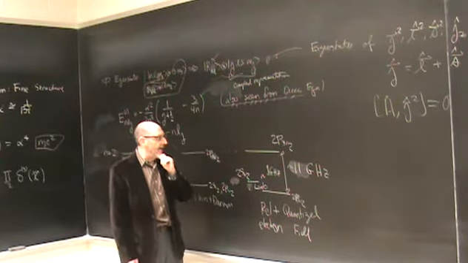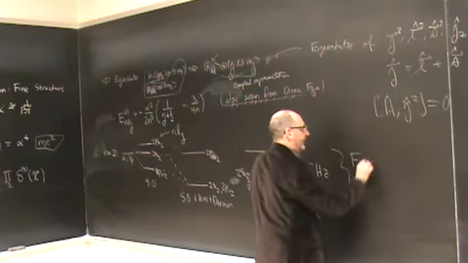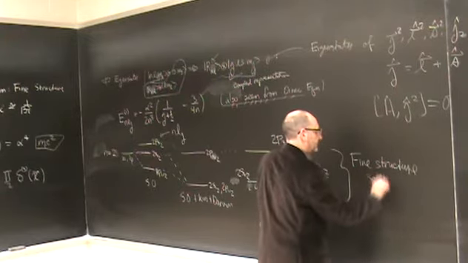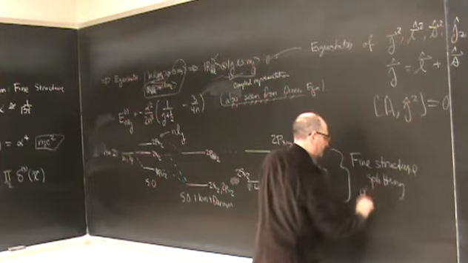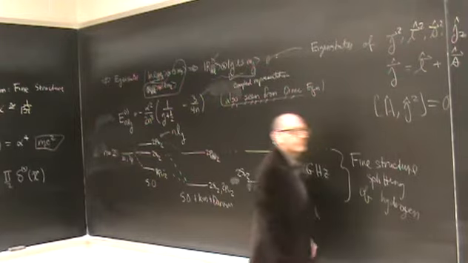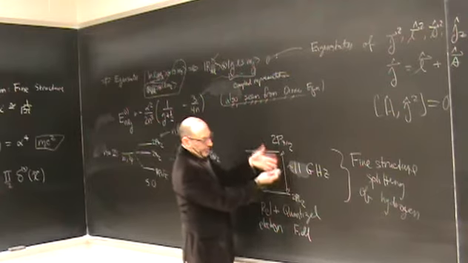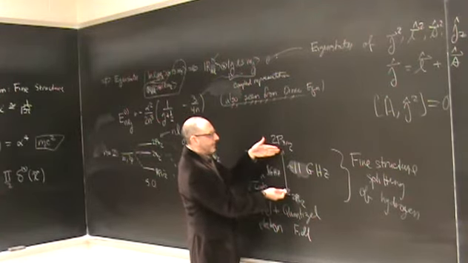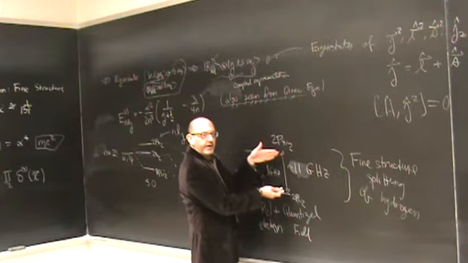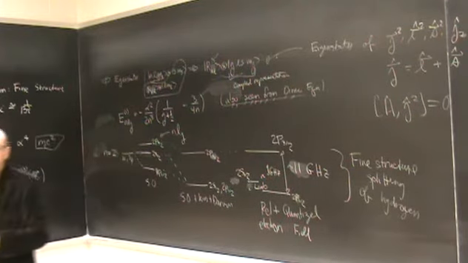And this splitting is known as the fine structure splitting of hydrogen. Just in terms of the units, this is like a microwave frequency, about 10 gigahertz, and this is about a 1 gigahertz shift.